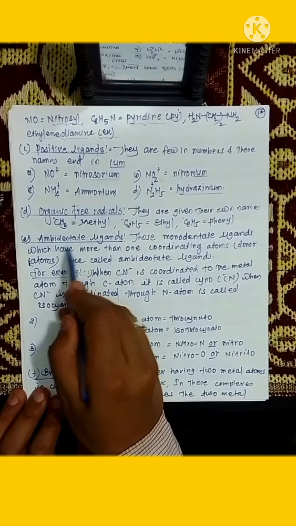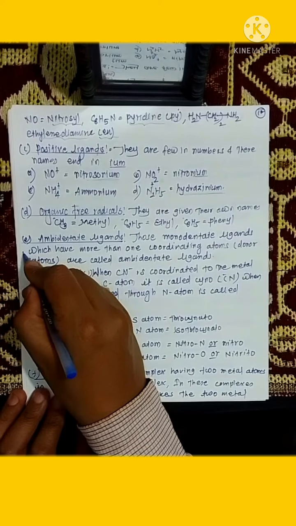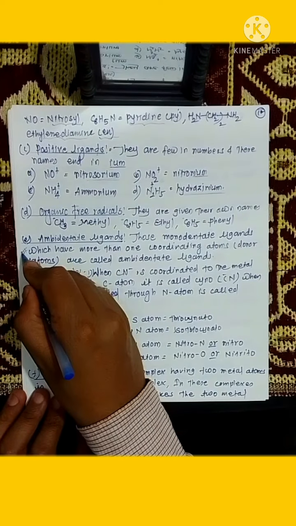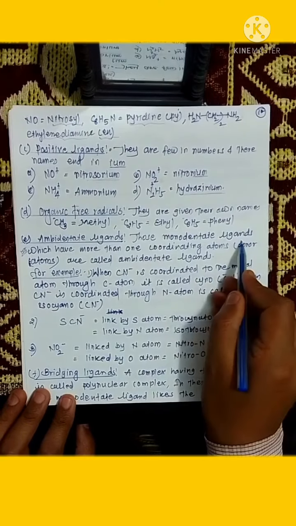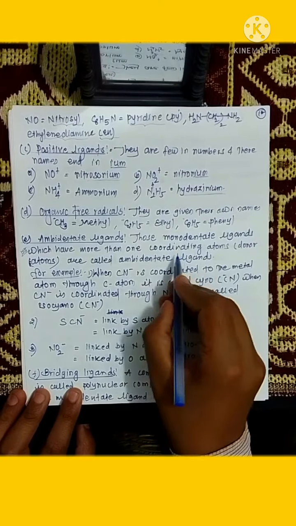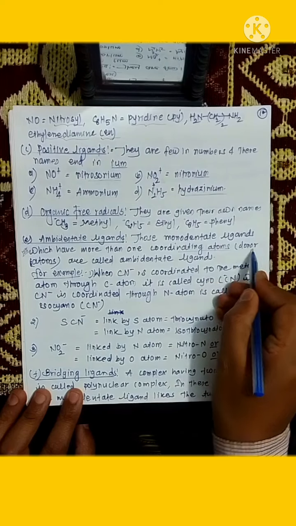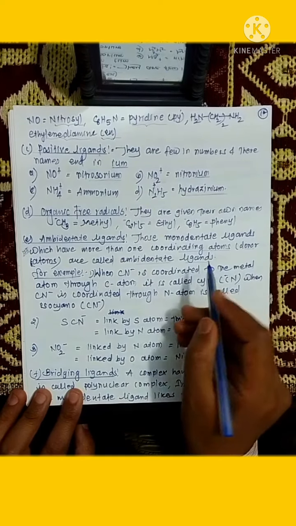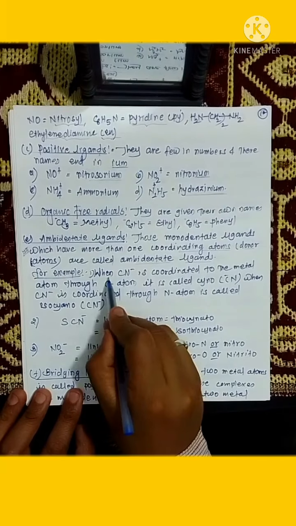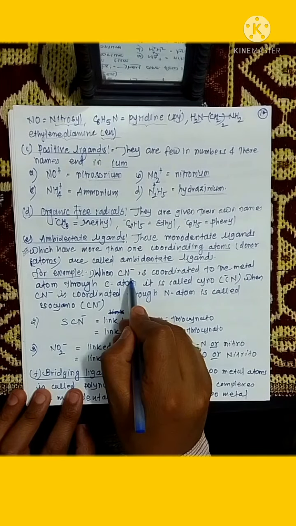Now we are going to see ambidentate ligands. This question is important; generally a short question is asked on ambidentate ligands. Those monodentate ligands which have more than one coordinating atom, that is donor atoms, are called ambidentate ligands. Take CN minus.